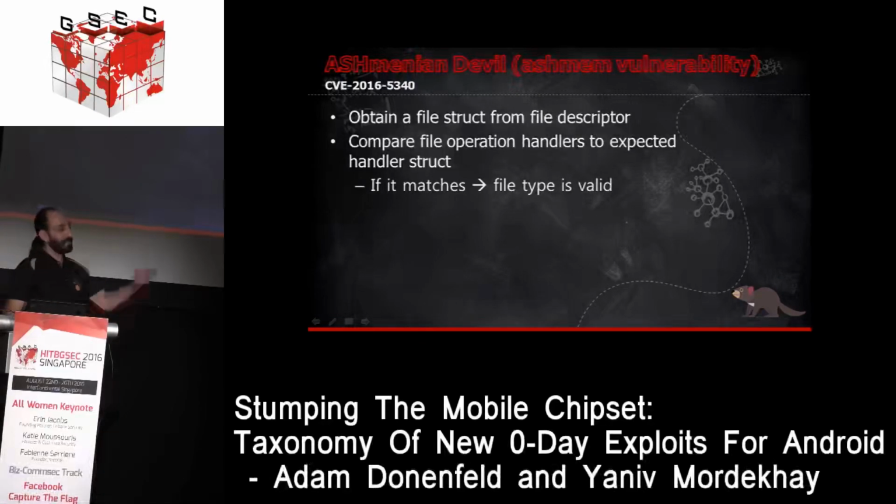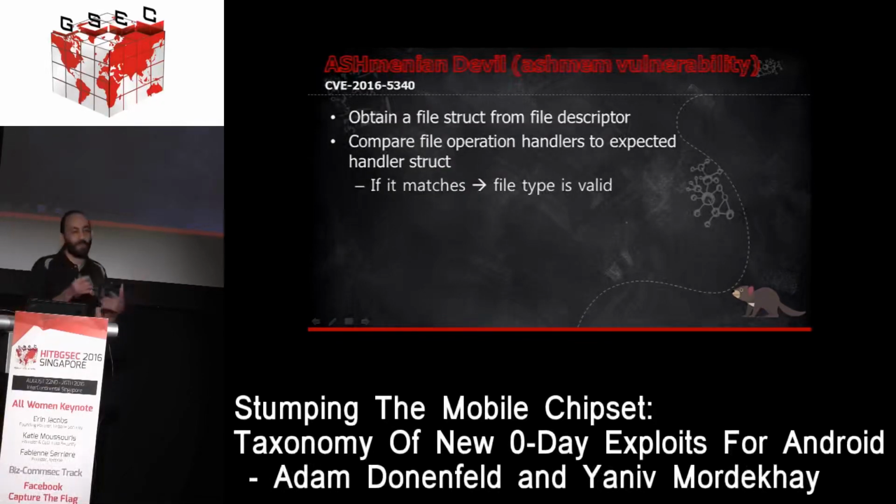For example, the file operations, this is read, write, close, poll. So you really have to go there and check that is read actually ashmem read? Is write actually ashmem write? Is poll actually ashmem poll? Because it can be theoretically anything. It can be socket read, socket write. So that's the by-the-book approach, and it is complicated.